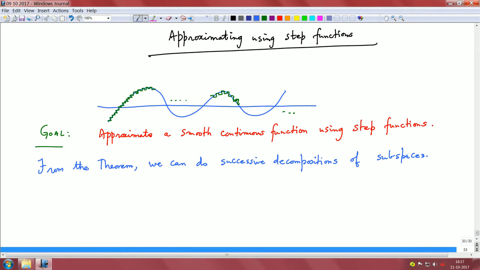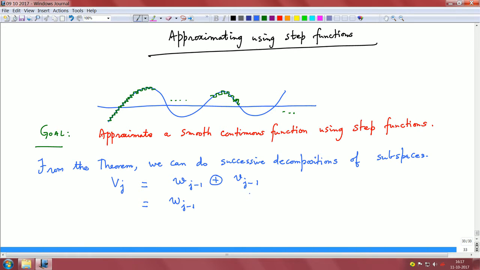So what do I mean by this? So we start with our equation Vj is Wj minus 1 direct sum with Pj minus 1, right. So I keep Wj minus 1 the way it is.